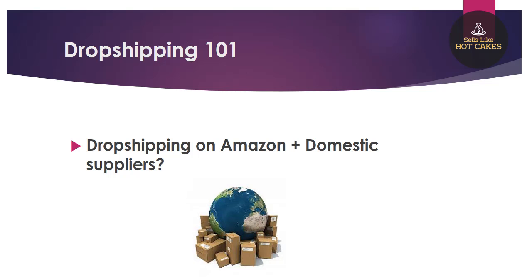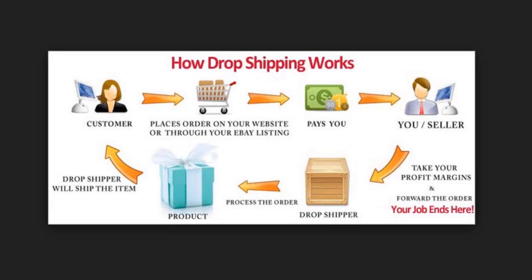In case you are new to this, how does dropshipping work? The customer is placing an order on your website or eBay or Amazon, and he pays you directly. However, you don't have any merchandise, and you don't need to buy any stock or keep any stuff in your warehouse. You simply go to the real supplier, and then you purchase the product on the customer's behalf.